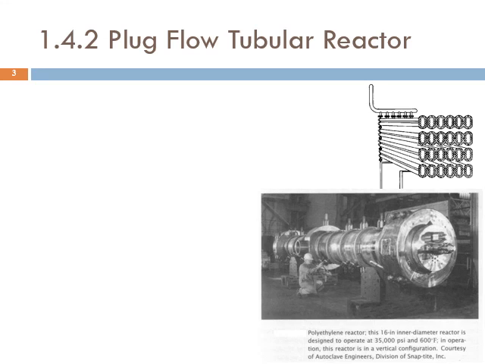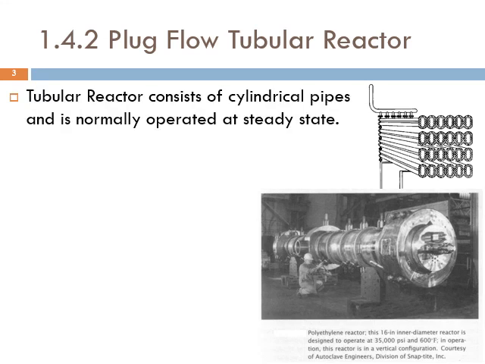Let's start with the plug flow tubular reactor. A tubular reactor consists of cylindrical pipes and is normally operated at steady state. As we mentioned, any continuous flow device or equipment, we would like to operate under steady state to minimize any disturbances or changes with time.